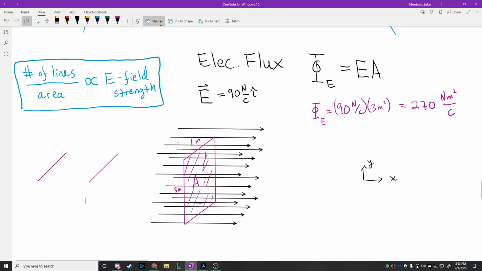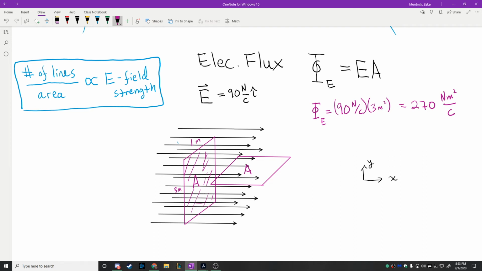So now we take a sheet, and this sheet has some different area, it doesn't really matter. And now we take our sheet and we put it into our field here, like this. The difference being that the first sheet is oriented with its edge coming out of the screen.